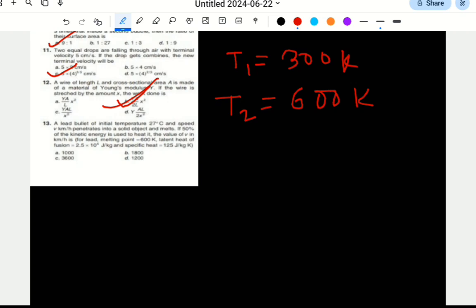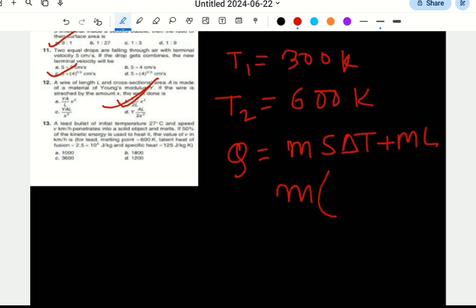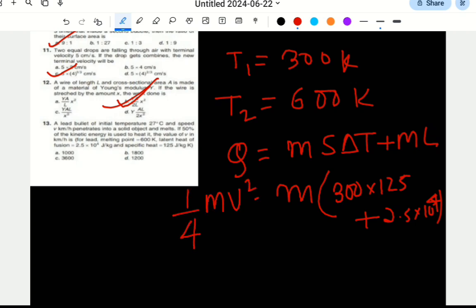is, okay. So the Q will be m s delta T plus m L. So m s delta T, which is 300 into 125, plus L, which is 2.5 into 10 to the power 4. This is 50% of, this is 1 by 4th of m v square. We can say it like this. So m and m is cut.